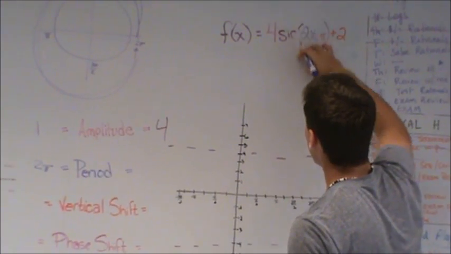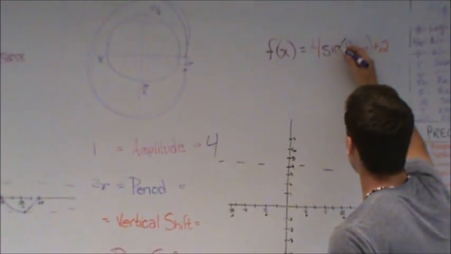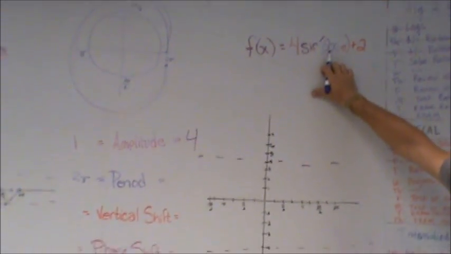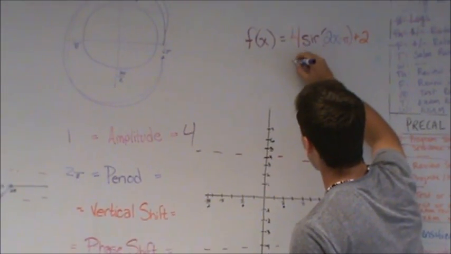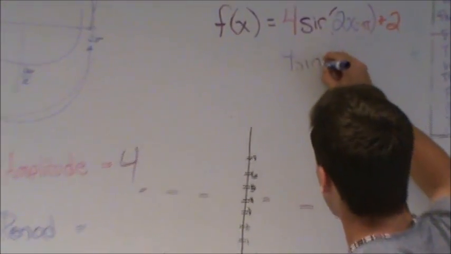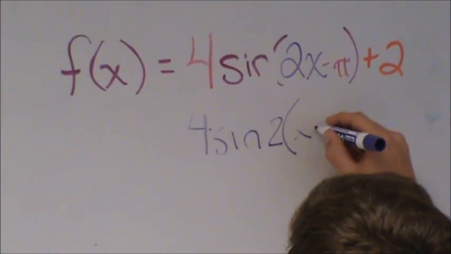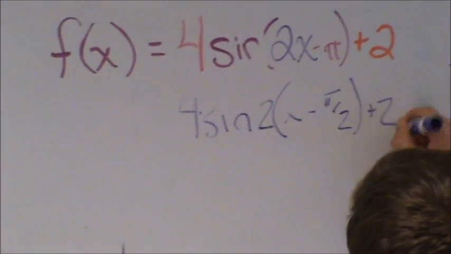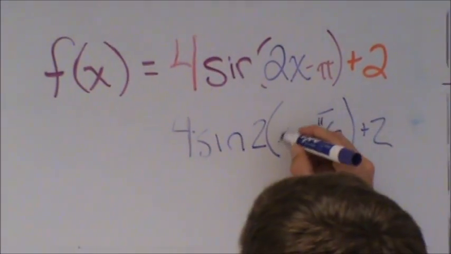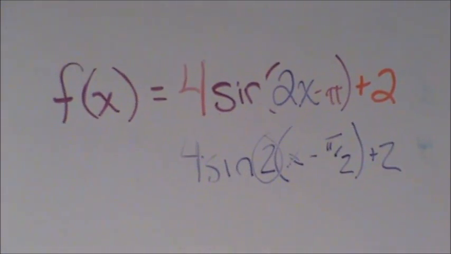So what's going to happen is that you're going to have to factor out this 2 out of these parentheses. So when you do, you're going to get 4 sine of 2 times x minus pi over 2, plus 2. And now this 2 will help us get our period.